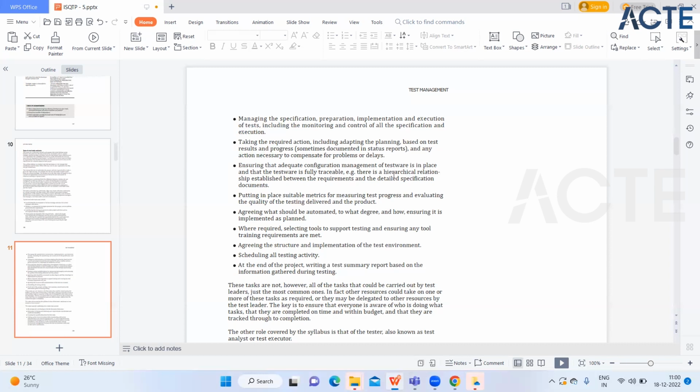For example, there is a hierarchical relationship established between the requirement and the detailed specification document. So they have to check whatever testing activities we are performing in that particular testware, and the hierarchical relationship between whatever requirements we have defined.